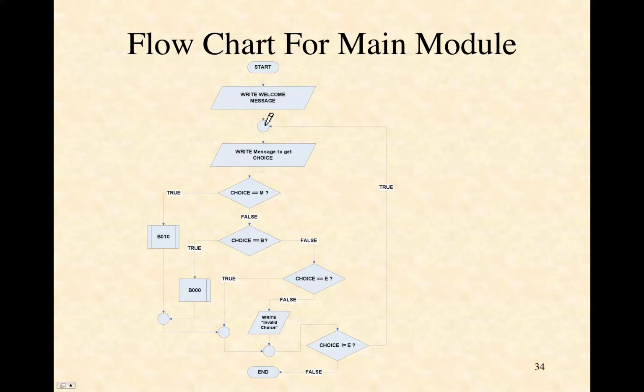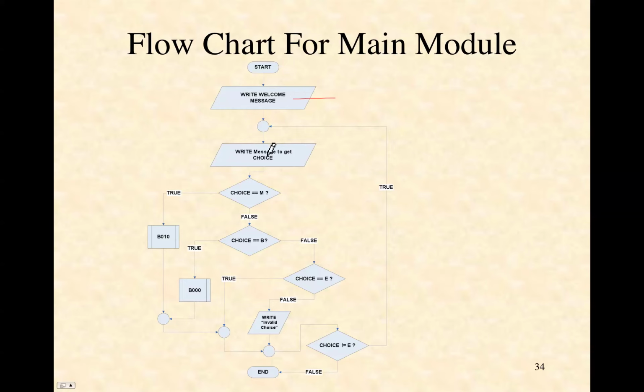We get user's choice. Choice could be M, B, or E, or it could be some other letter, of course. And so we enter once anyway, it doesn't matter because this is a post-test loop, the condition is being tested here. So we enter irrespective of what the choice is. And choice has to be declared here, by the way, outside the loop. I forgot to do that. The choice variable has to be declared here somewhere.